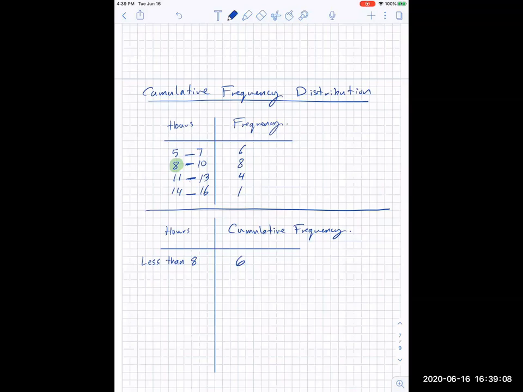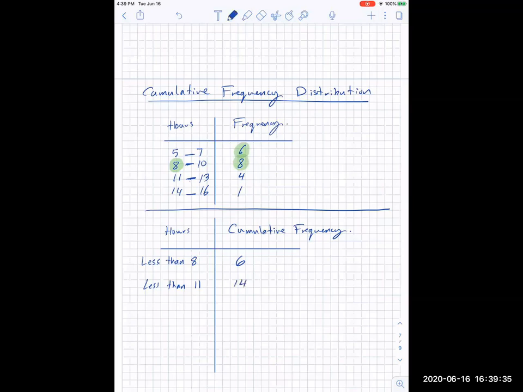And then the next line, I will say what? Less than 11, the lower limit of the next class. Now, how many values do I have less than 11? Now I need to add the frequency of the first class plus the frequency of the second one, which is 14.